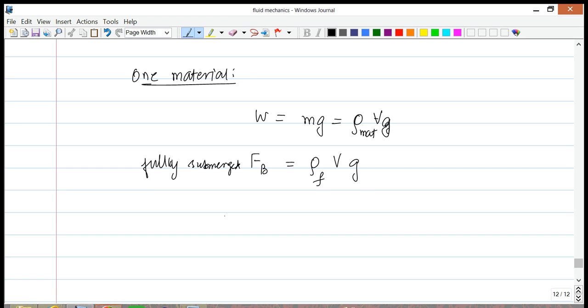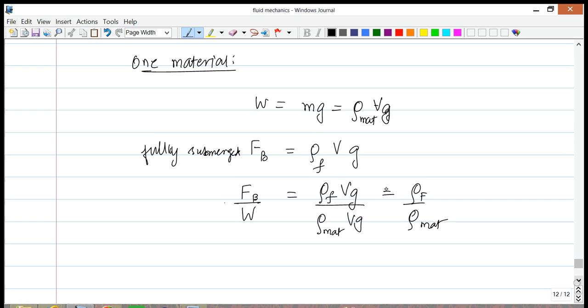Right away we can see a comparison. We can take the buoyancy force divided by the weight of the object. This gives rho F times V times g divided by rho of the material times V times g, and this is rho F over rho material.